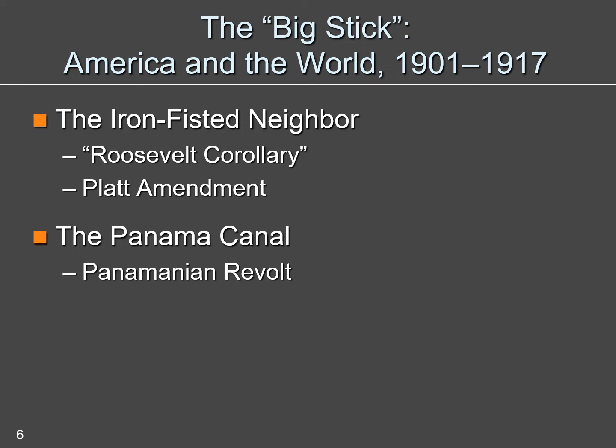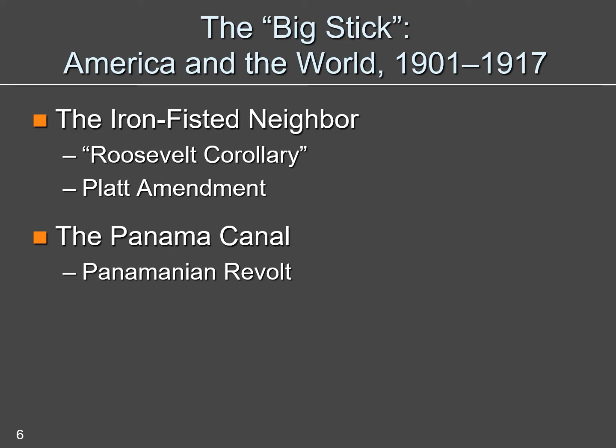When it comes to the big stick, though, probably nothing epitomizes it more than the Panama Canal. So the French Canal Company had built, I believe it was 40% of a canal in Panama, the narrowest point in Central America. We were going to buy the rest of it. Colombia, which controlled Panama at that time, wanted money for it, 40 million. I believe Teddy Roosevelt called that highway robbery.